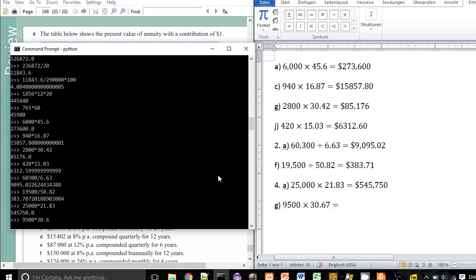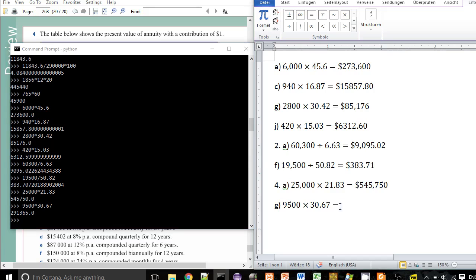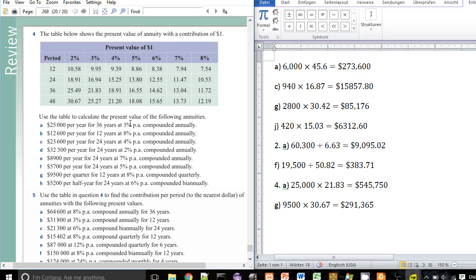Let me write this first. 291,365. Okay. Just to emphasize, I think the hardest part of this topic is not these calculations, but knowing when to times, when to divide, when to use a number from the table, or when to just use common sense.